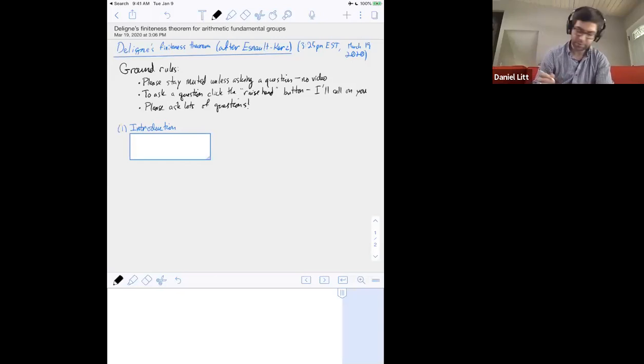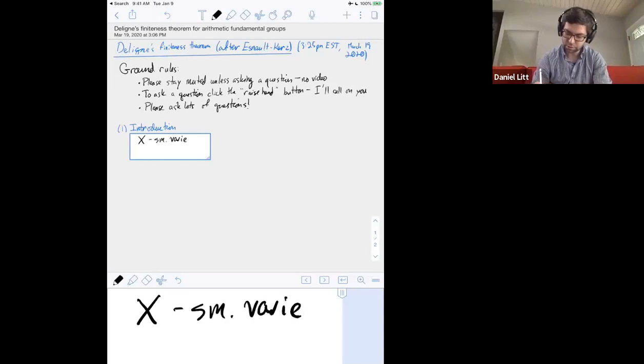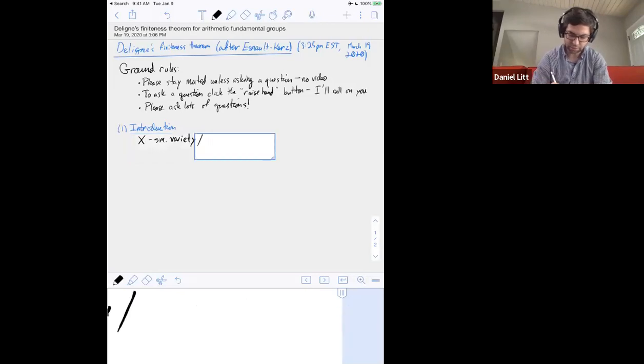So let me start by introducing the setup for Deligne's finiteness theorem, and then I'll talk a little bit about the context. So suppose we're given X, which is a smooth variety over K, which is a finite field with Q elements.